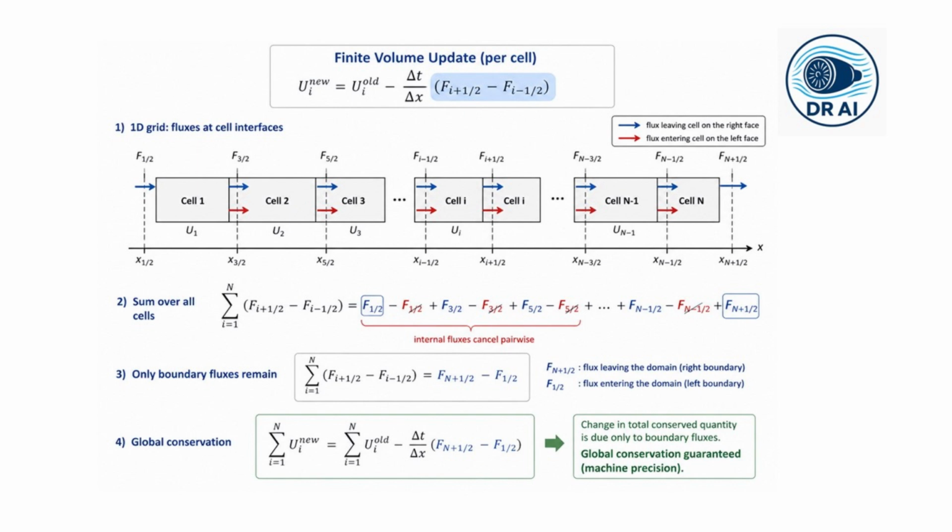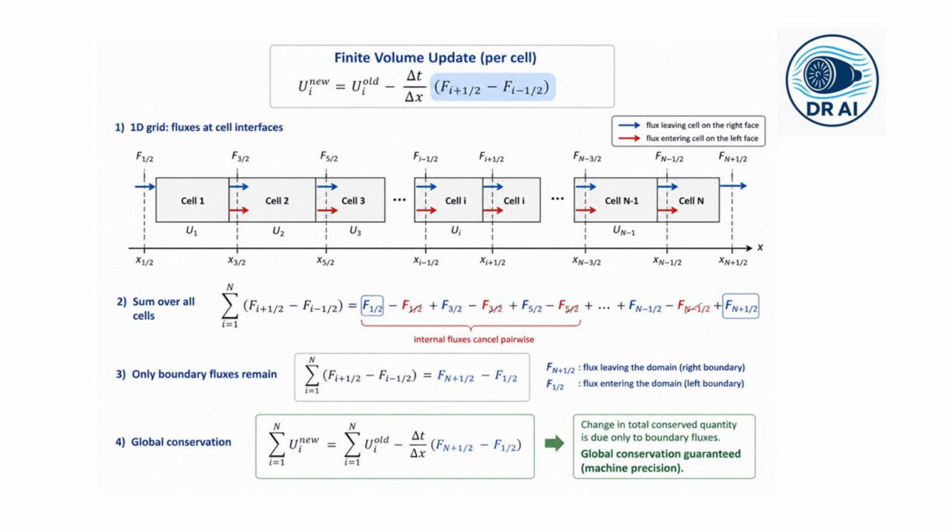So here f subscript i plus half is the flux leaving the cell i through the right face and entering the cell i plus 1. Now, here is the magic. If we sum the updates for all cells from i equals 1 to i equals n, what happens? The flux at point i plus half appears once with a plus sign from cell i, and once with a minus sign from the cell i plus 1.